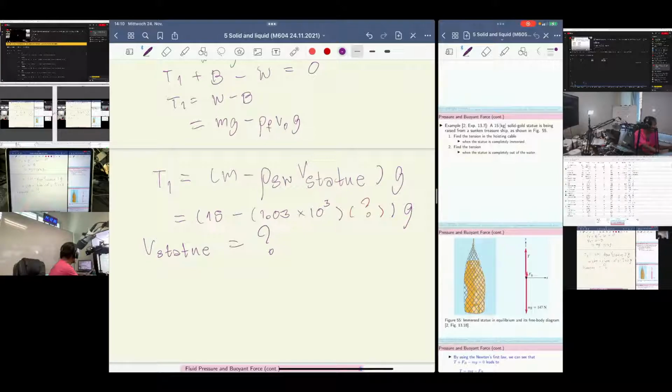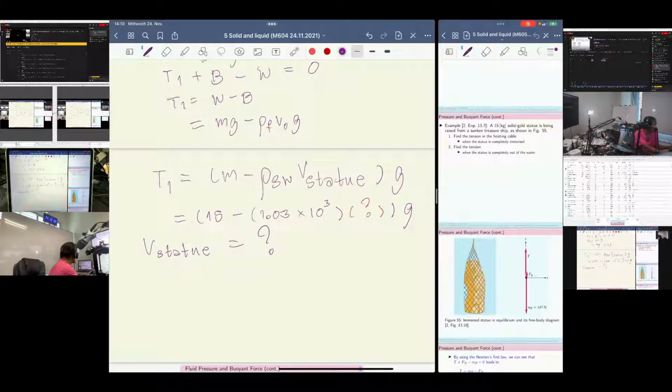Let's get back to the definition of the density, rho. What type of material is this statue made of? It's made of pure gold, right? So let's get back to the previous problem.